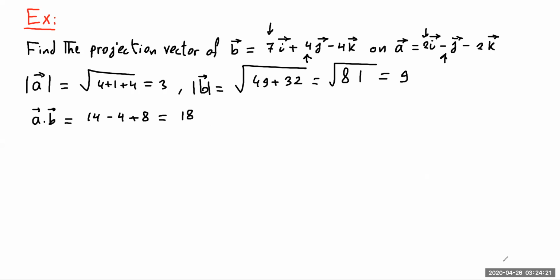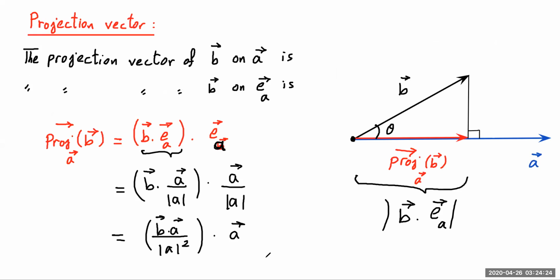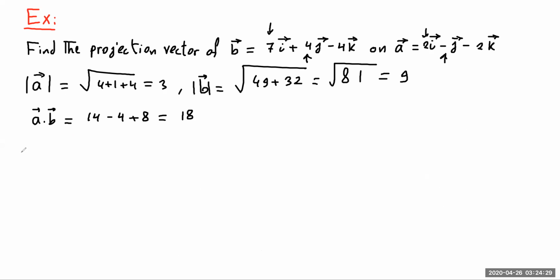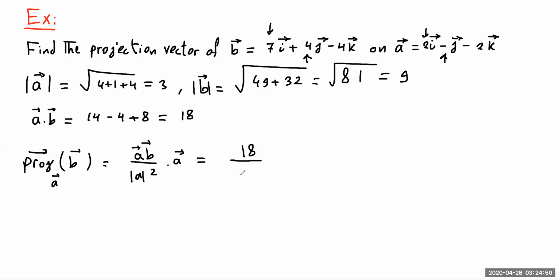So let's go back to our formula. The projection of B on A is given by the inner product AB over the length of A power 2 times vector A. So it will be 18 over, what is the length of A? 3. 3 power 2, 9, times vector A. So it will be 2A.